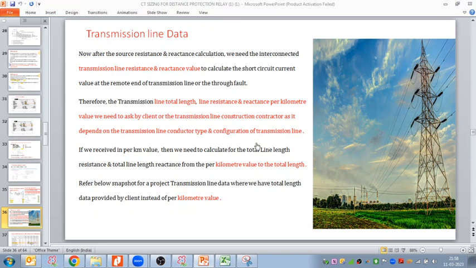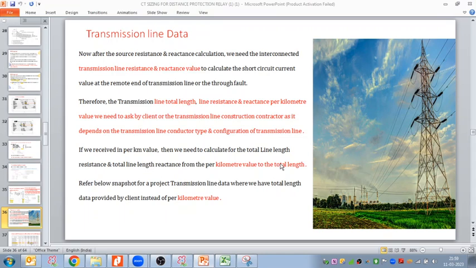Okay, Mustakil Alam, I think I replied to your query as well. Just give me your next one. Now once my source resistance and reactance is done, the 63 kiloampere fault current is taken from the grid regulations. Yes, right, Bharat, or whatever your subsystem fault current is, you can take that.